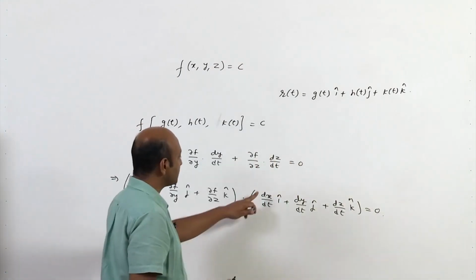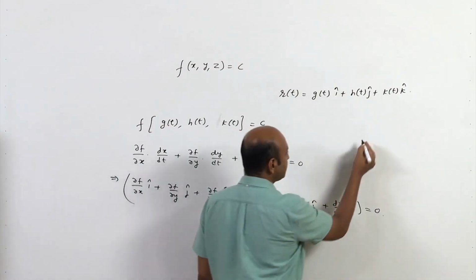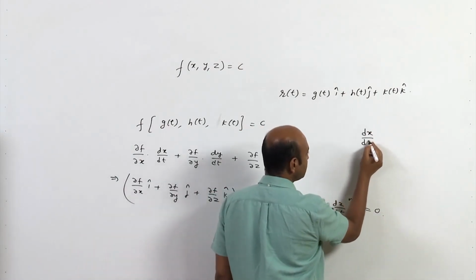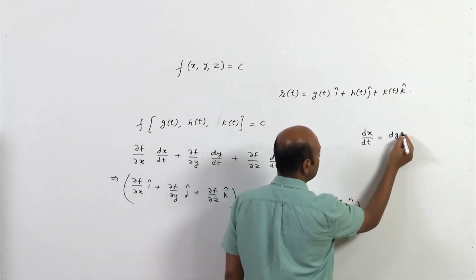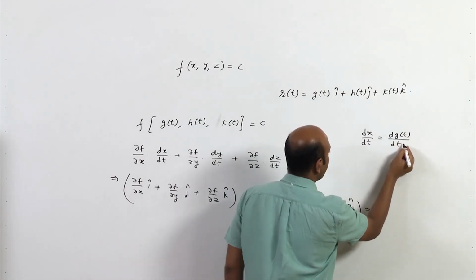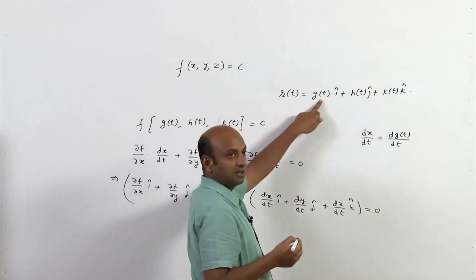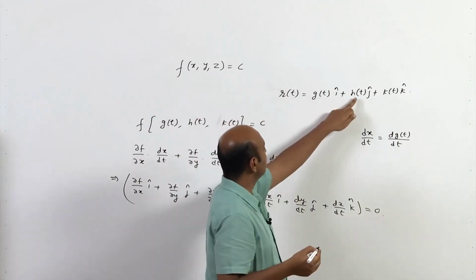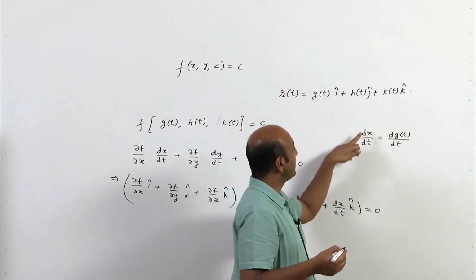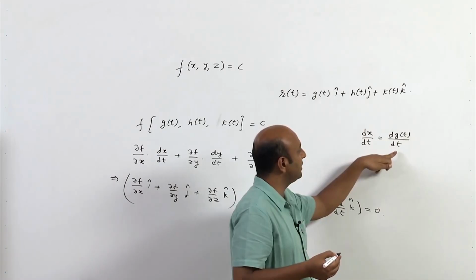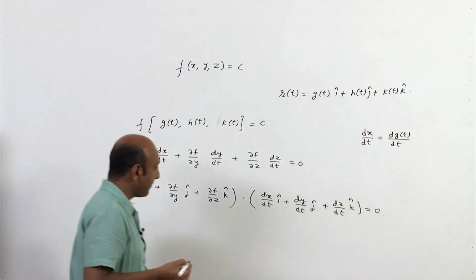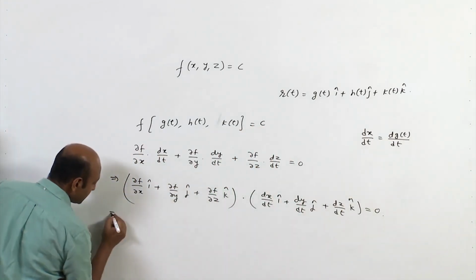So basically what is dr by dt? Dr by dt is the same as dx by dt, that is dg by dt, because x is simply g(t), y is simply h(t), z is k(t). So dx by dt is simply dg by dt. Now what is this?